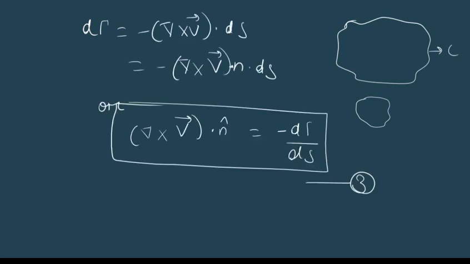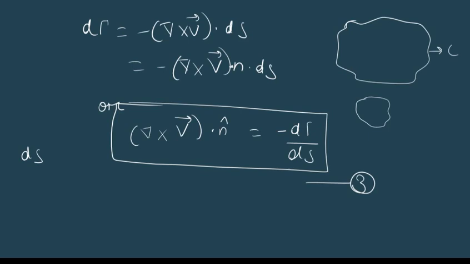So when my curve is shrinking to an infinitesimally small curve, this is how I can represent it in mathematical form. What is dS here? It is an infinitesimally small area which is enclosed by an infinitesimally small curve.